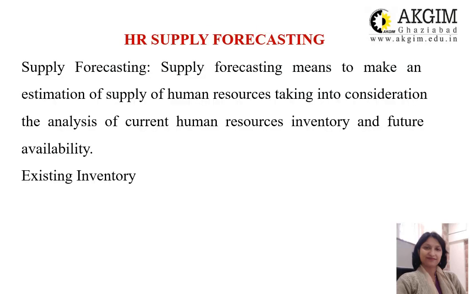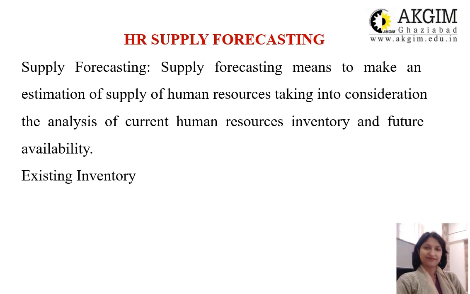Then HR supply, where from we are going to have our supply. You are going to have your supply from your job inventory, that means what is the exact head count you are having, and where from you will be taking into your human resources, maybe job family inventory, even age inventory you are maintaining, that is, what is the ratio of your employees in an organization.